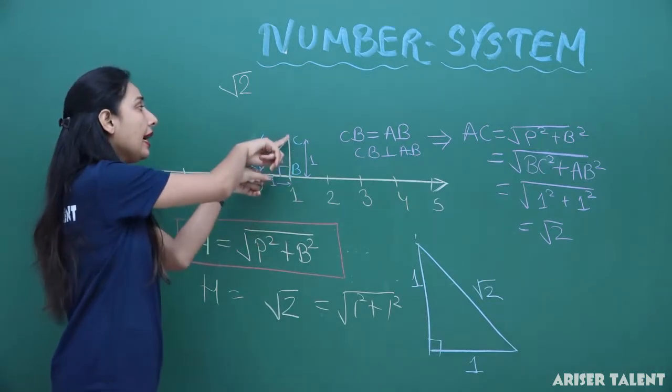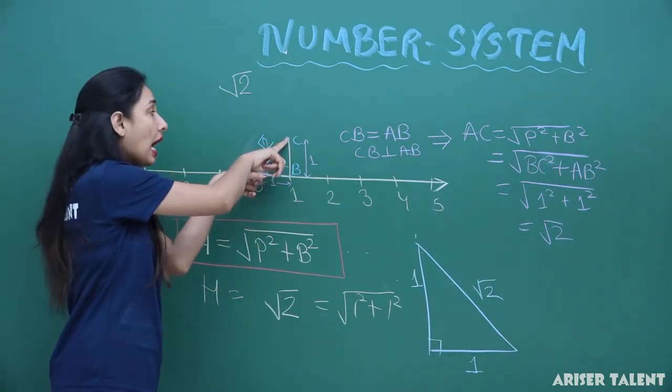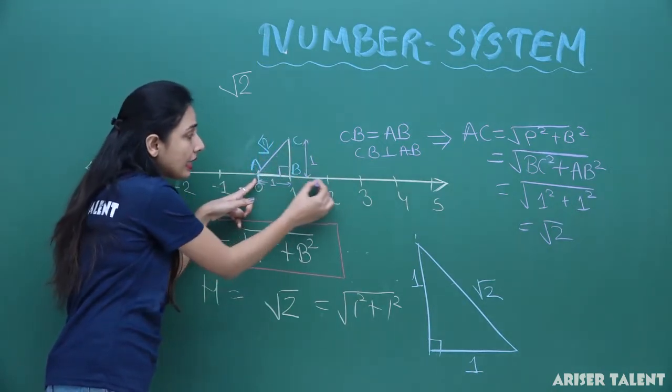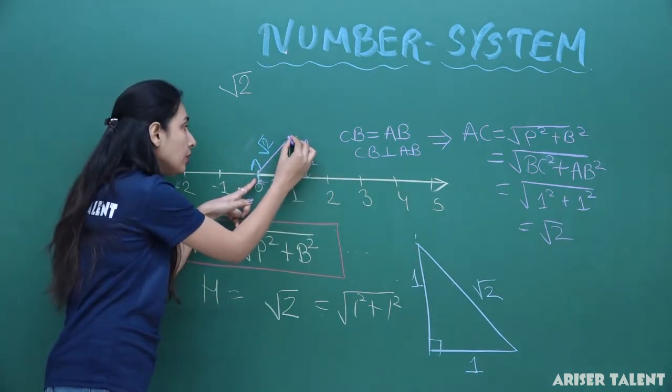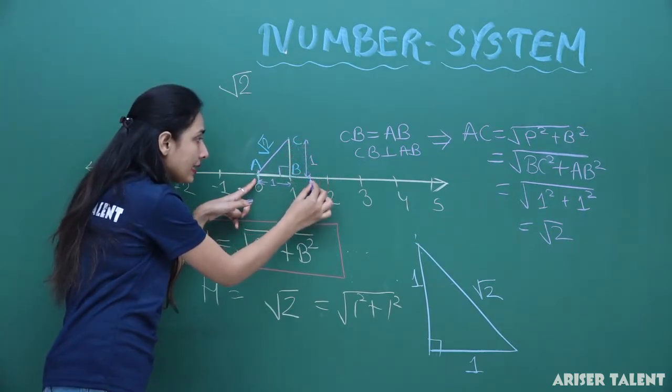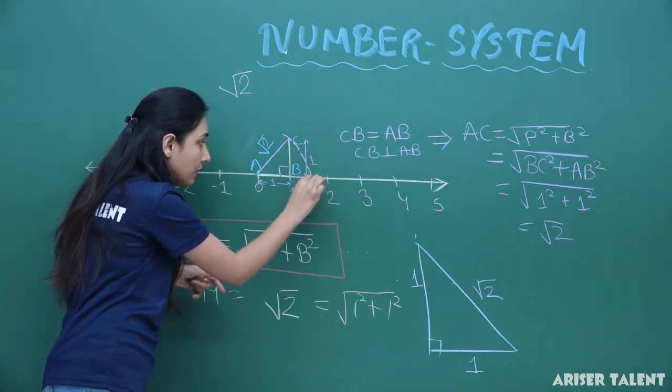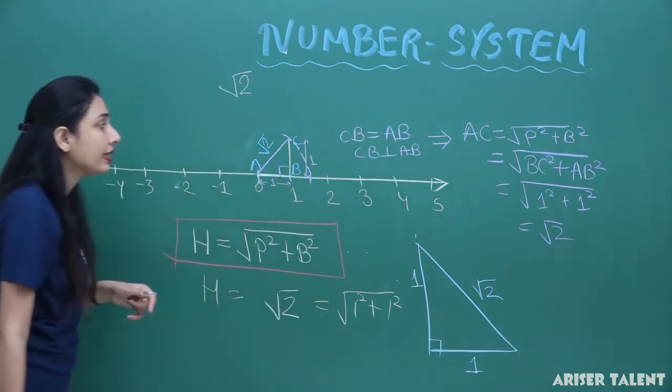Put one here and one here. After putting it here, with the same arc, cut this line. So the arc will come something like here.